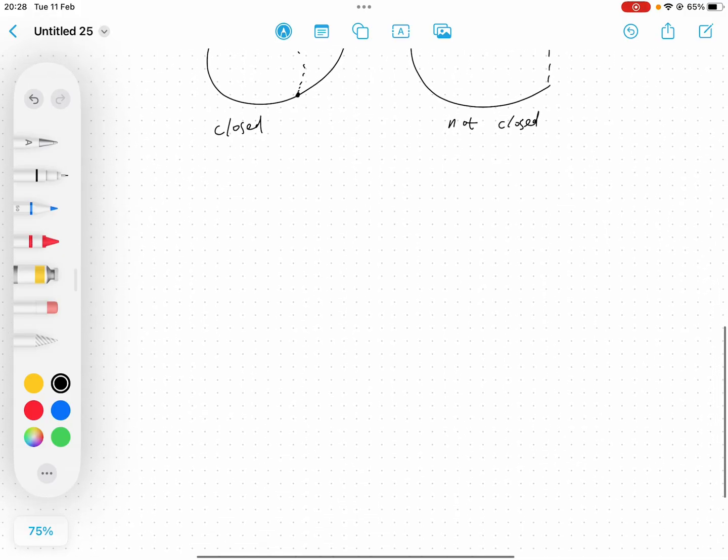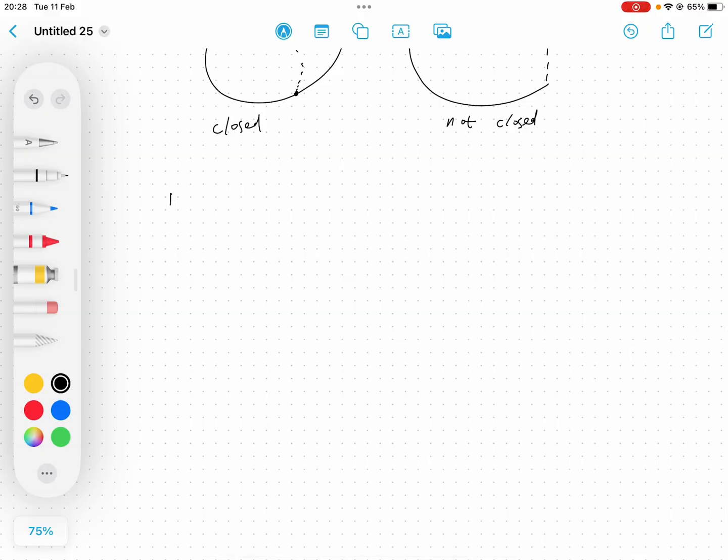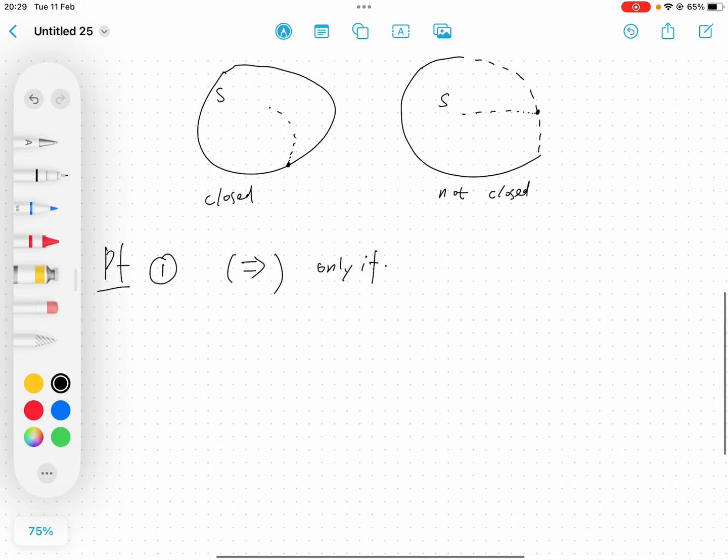Good. So the first direction is going to be the proof. We're going to prove the only if direction.